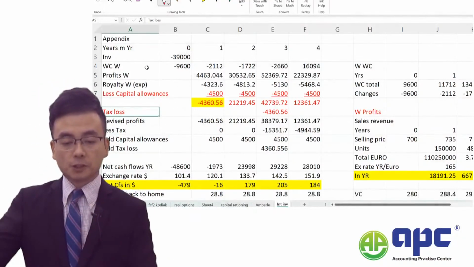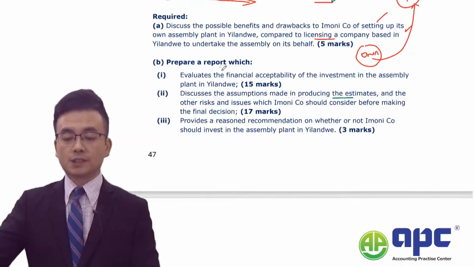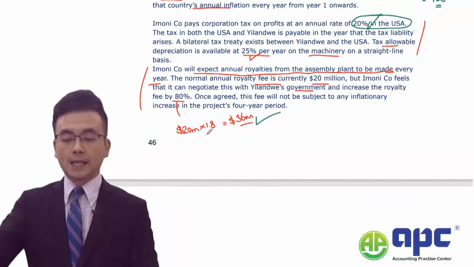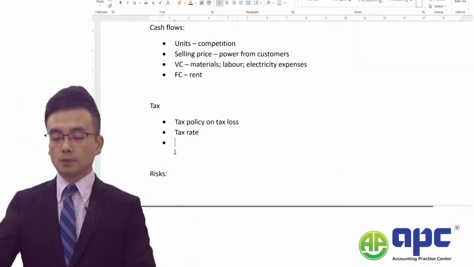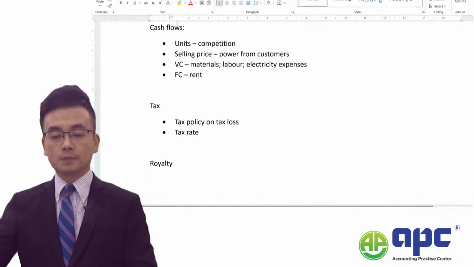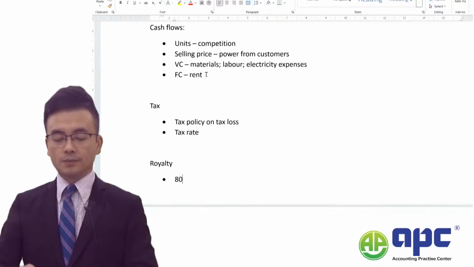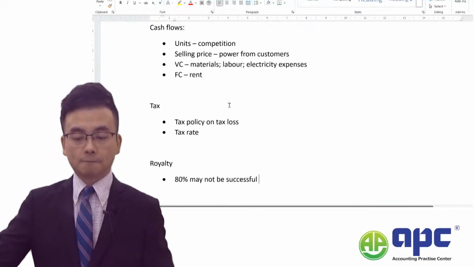They also have got the royalty. Okay, it's the royalty, based on the assumptions that it will increase by 80%, but that may be subject to change. Okay, so the royalty, the 80% may not be successful. So you're touching the case information, and you will get marks by doing that.